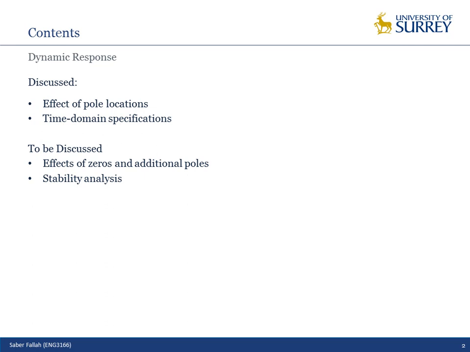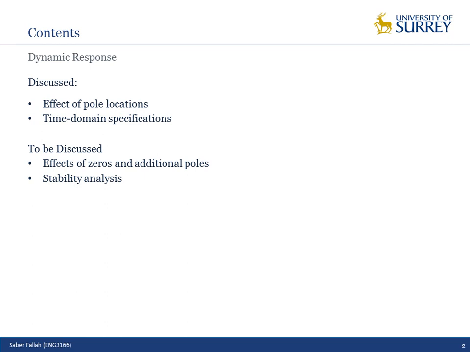How do these additional poles or zeros affect the time response or shape of the time domain response of a linear dynamic system? And at the end, I will talk about the stability analysis, how we can analyze the stability of a complex transfer function without solving or obtaining the poles of the system.